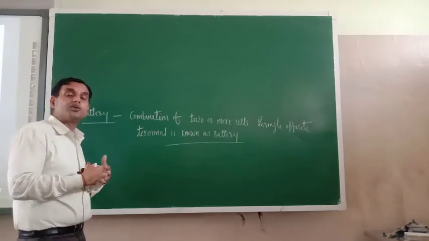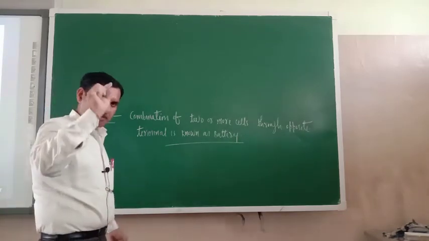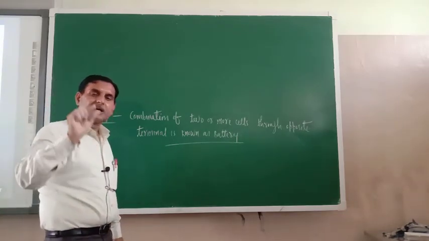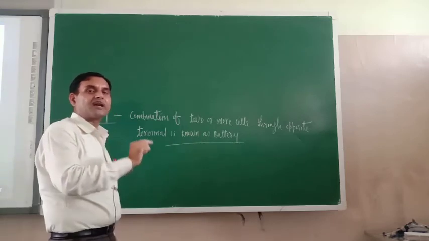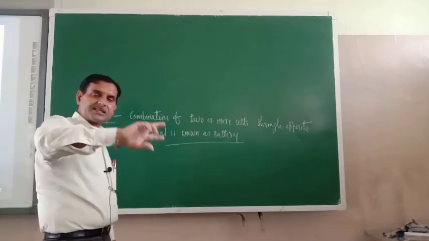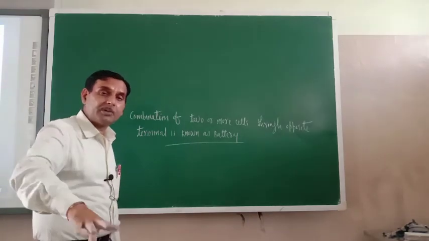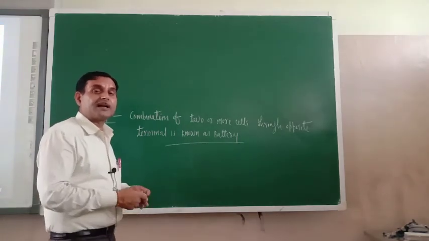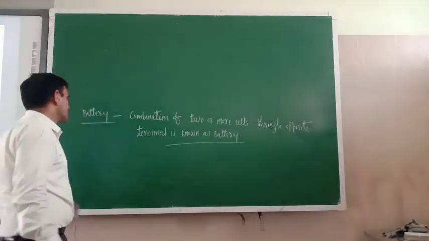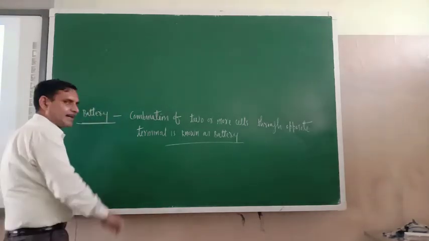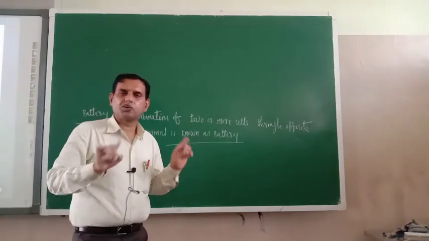They should combine through opposite terminal, means the positive terminal of one cell should be connected with the negative terminal of other cell. If such combination is there, then only that battery will function, otherwise battery will not function. So this is battery. I hope that you understood this one.